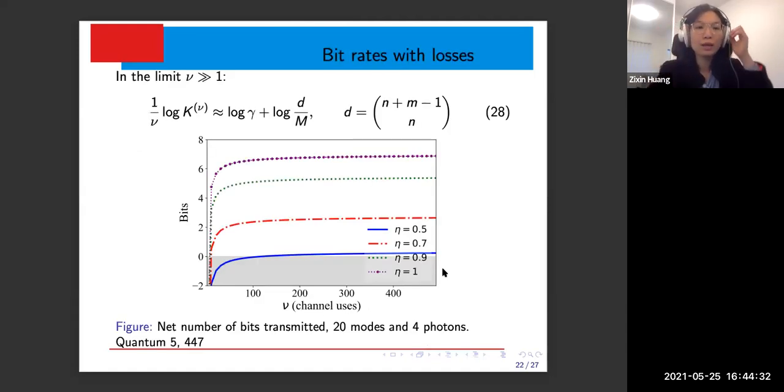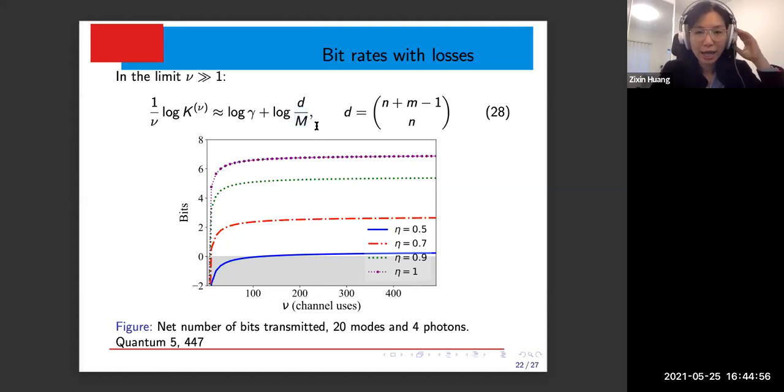So in the limit that you have a very large number of signals that you send through, the number of bits that you require per transmission ends up being log gamma plus log the dimension, divided by the number of bits that you transmitted again.